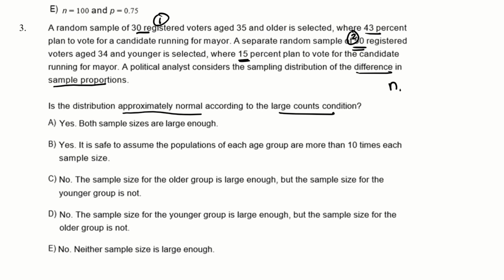Remember, the condition for the large counts is that n1 times p1 is greater than or equal to 10, n1 times 1 minus p1 is also greater than or equal to 10, and then we have to do that for n2 as well, for the second population.